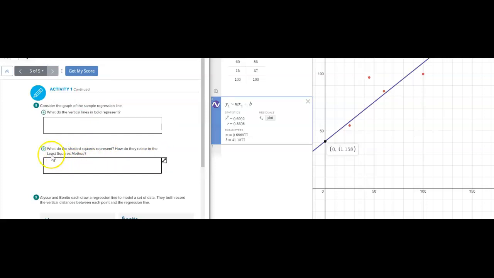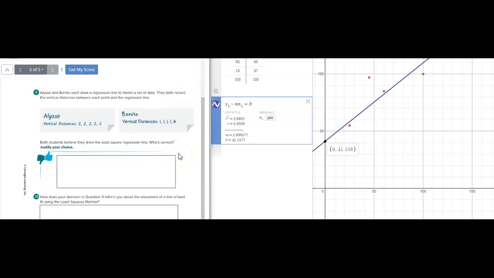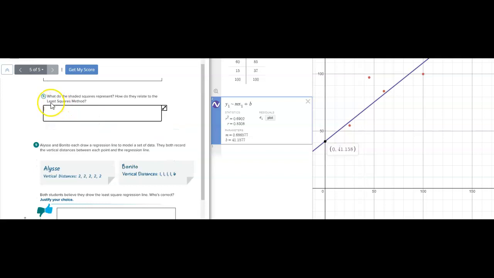Now think about the name of this method. It's called the least squares method. There's a reason why it's called that. And in this question right here, where you're comparing Alyssa's vertical distances and Benito's vertical distances, you're going to have to use the squares part of that phrase, because it says the least squares method.